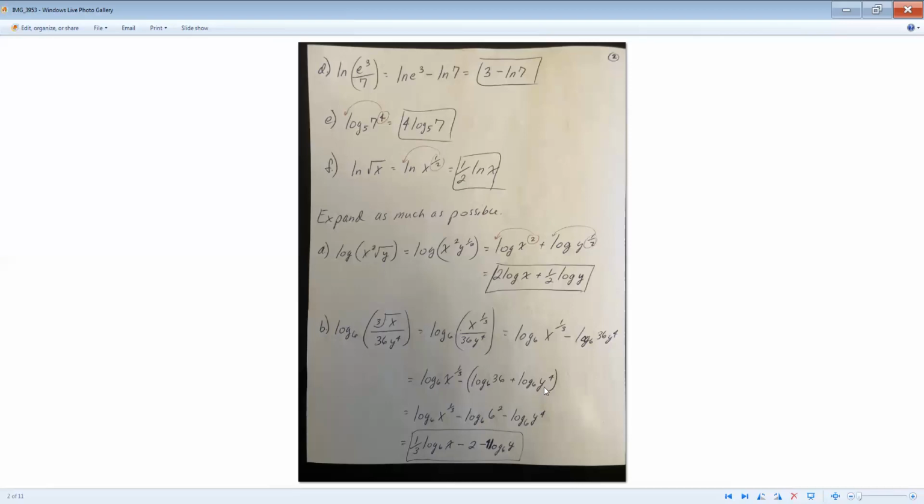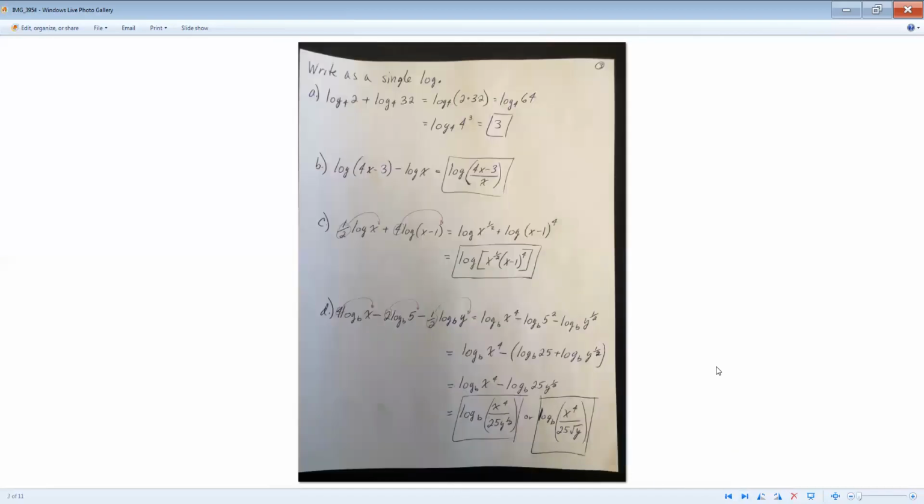And then minus log base 6 of y to the 4th. Then I can finish it off by bringing the 1/3 down front. I can simplify the log base 6 of 6, and that cancels, leaving me with just 2. Bring the 4 down front. So I have 1/3 log base 6 of x minus 2 minus 4 log base 6 of y.